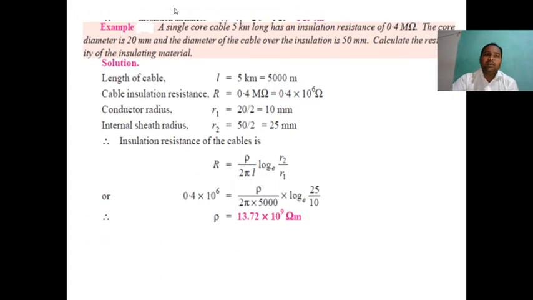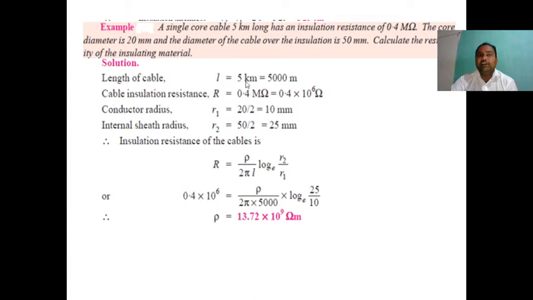Next problem. A single core cable 5 kilometer long has an insulation resistance, given directly, of 0.4 mega ohm. The core diameter is 20 mm and the diameter of the cable over the insulation is 50 mm. Calculate the resistivity of the insulating material.